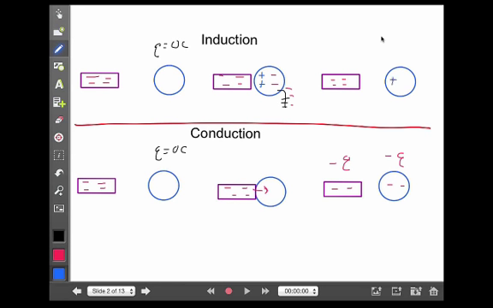But now our other object is positively charged. Okay, so when you charge by induction, there's no contact, and you end up with oppositely charged objects. With conduction, there is contact, and you get the same charge.